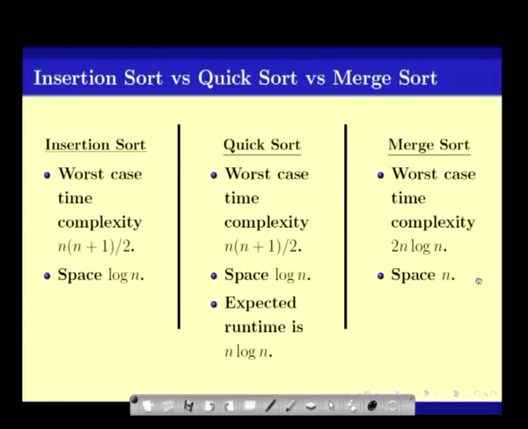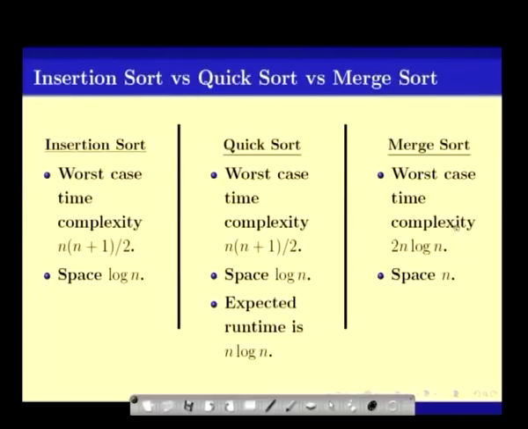Let us compare here with the other ones. In the insertion sort, the worst case running time was around n squared, which was also the same case in the quick sort algorithm, but in merge sort we have gained a lot in the worst case runtime, and we have gone to twice n log n.